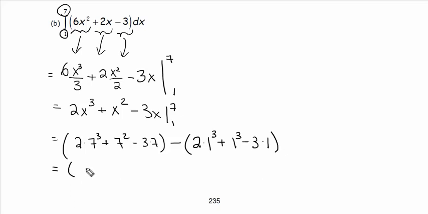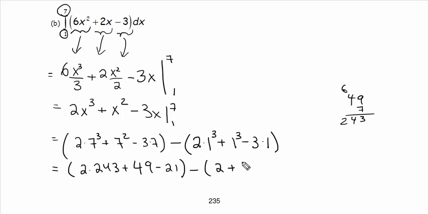So this is 2 times, what is it, I think 49 times 7, 63, 28 plus 6, 243. So 2 times 243 plus 49 minus 21 minus 2 plus 1 minus 3.